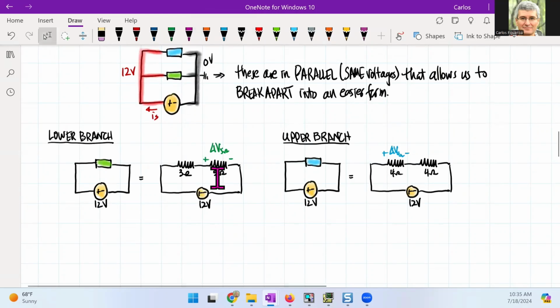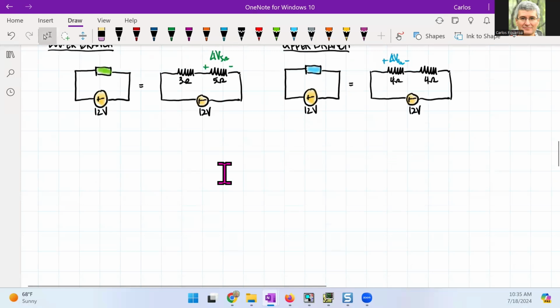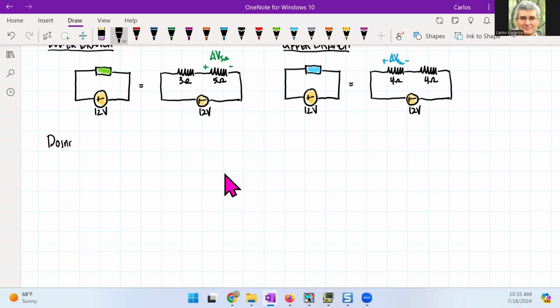I mean, by drawing it this way, so doing this dramatically reduces the complexity of the circuit.